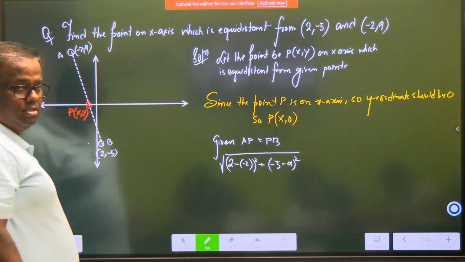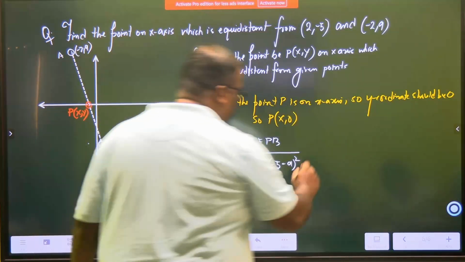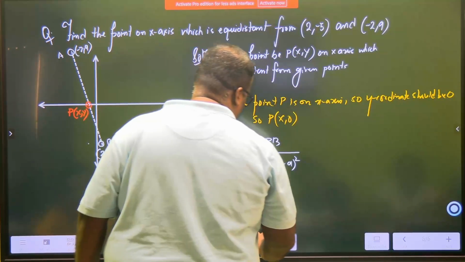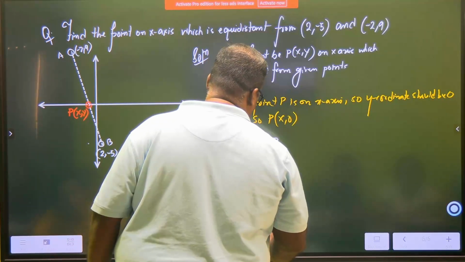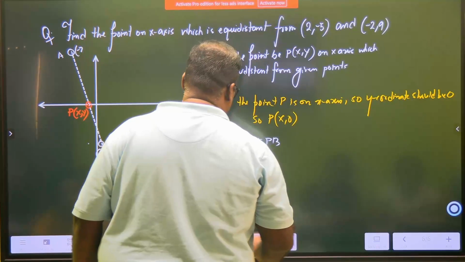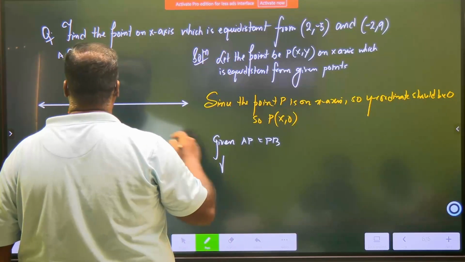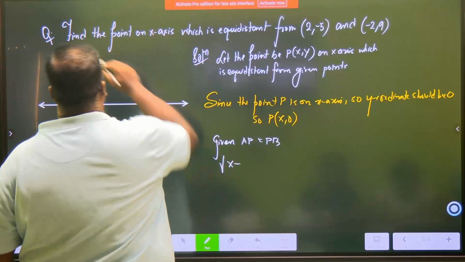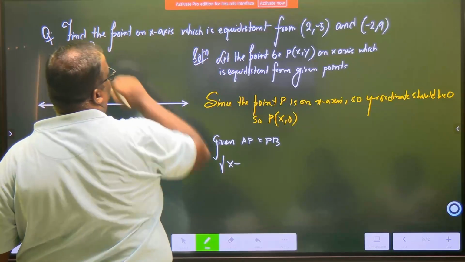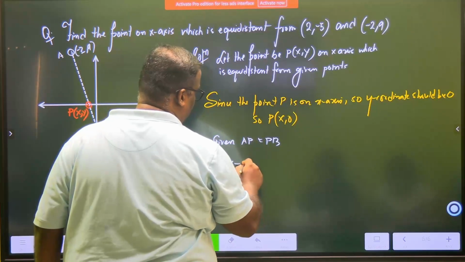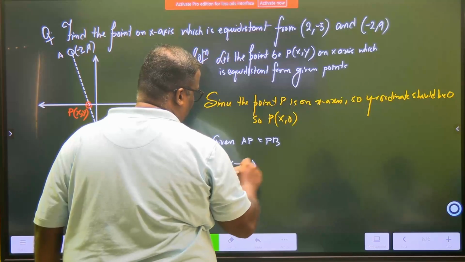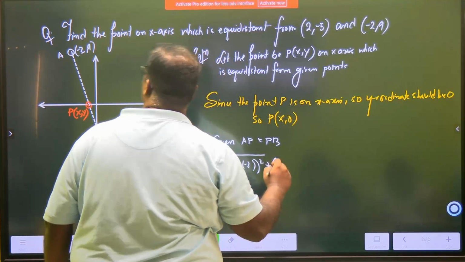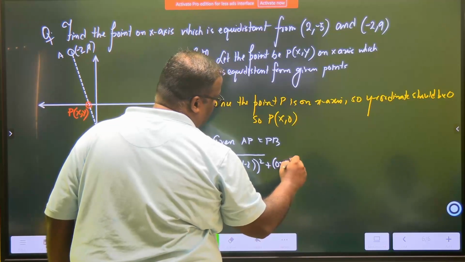Did you understand? So we need to find AP. AP will be root of x minus minus 2 whole square plus 0 minus 9 whole square.